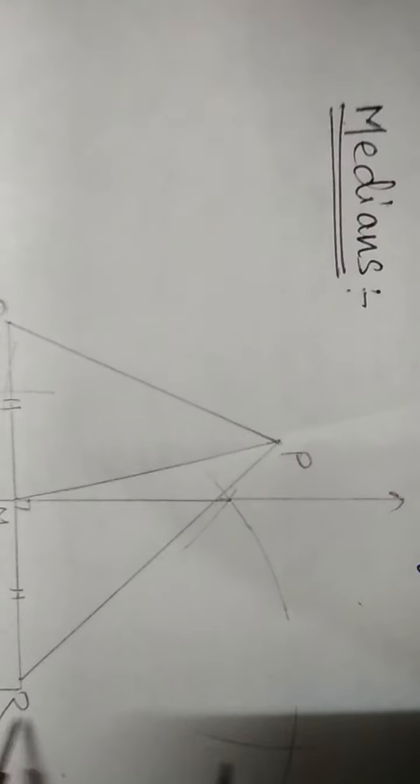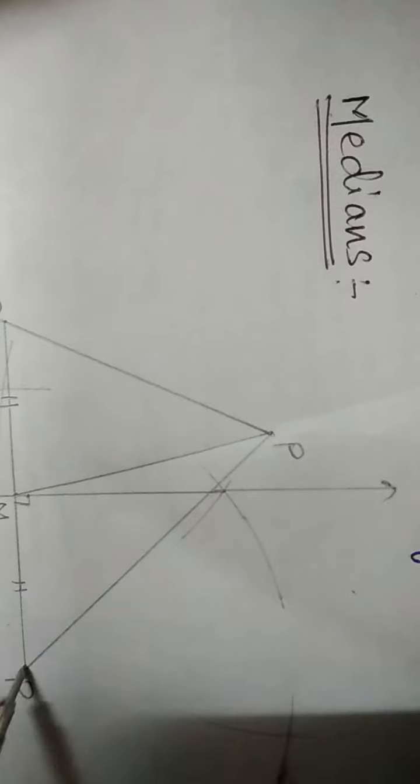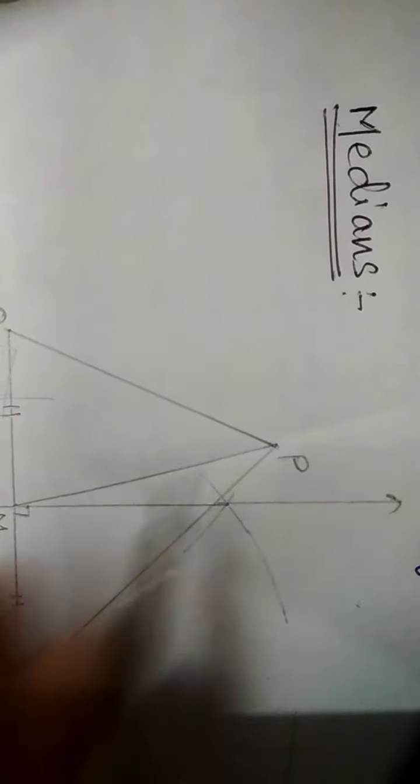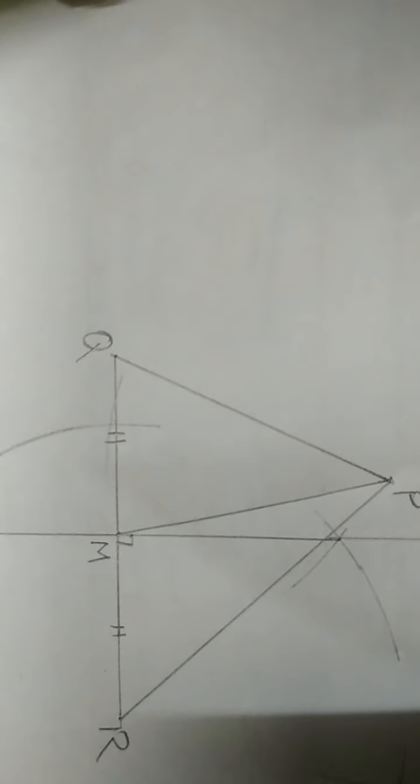Similarly from the point R, take more than half and draw an arc on both sides, and with the same measurement from P put an arc on both sides.